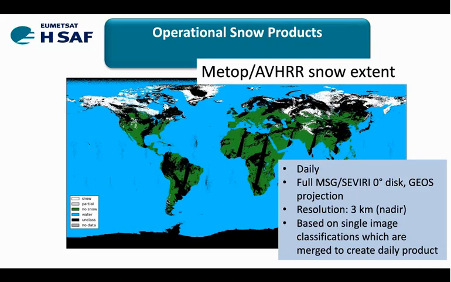There is a different area coverage for each of the products. As I said before, the precipitation products cover the MSG full disk, and some of them are global. The soil moisture products are global products, and the snow products are right now on the MSG full disk and are coming also as a global product.